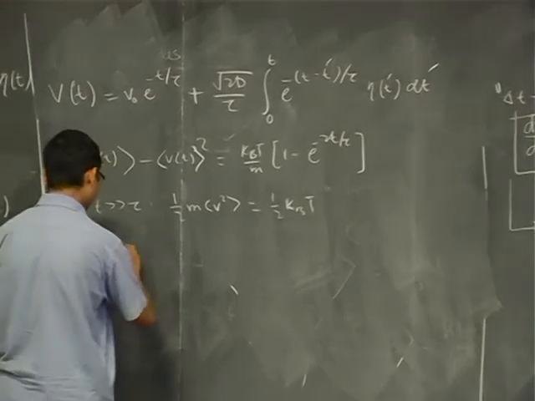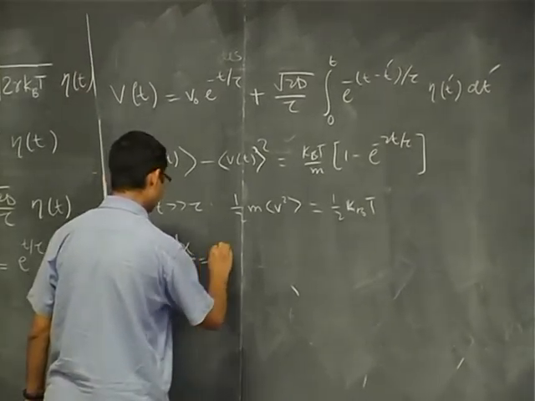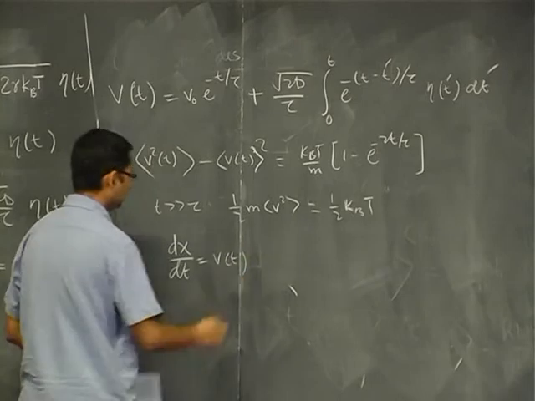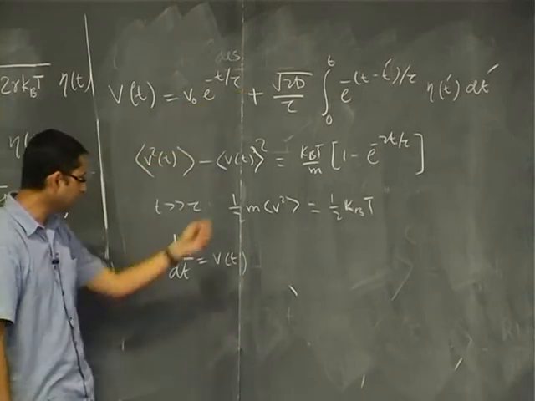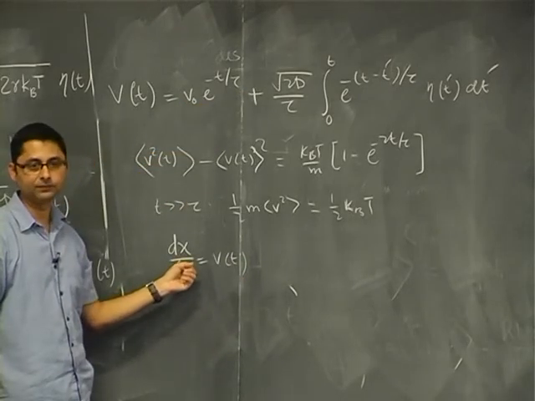what is x? So dx dt is equal to vt. Now you have the expression for v, so you can write down the expression for x at time t.